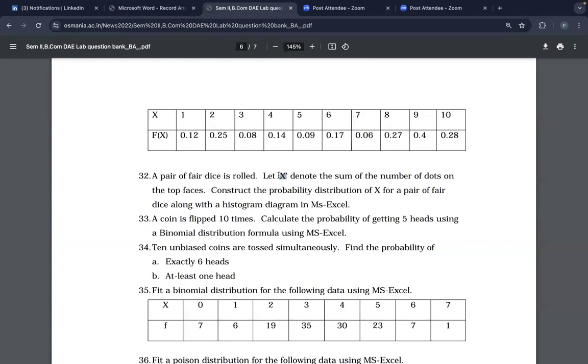X denotes the sum of the numbers on the top faces. You have to find the probability distribution of a pair of fair dice. Because they are saying fair dice, you can just calculate it with 1 by 36, along with the histogram diagram in an MS Excel sheet.